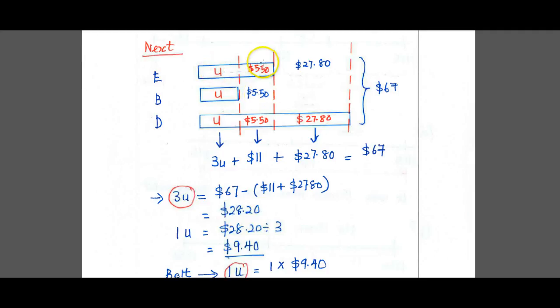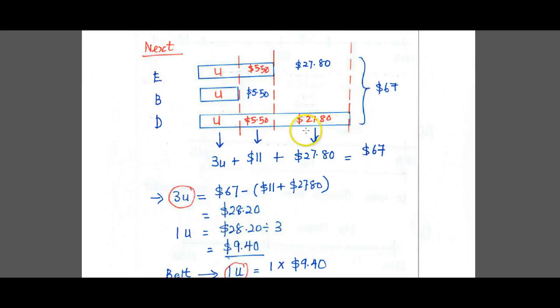But these 2 parts here, when you draw a line down, there is $5.50 here, and there's $5.50 on top. Straight away you will see this. The earrings is U plus $5.50. The belt itself is just U. And the dress is U plus $5.50, and the other side, $27.80.